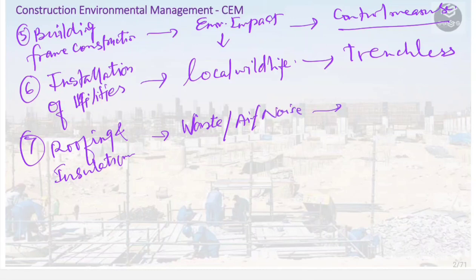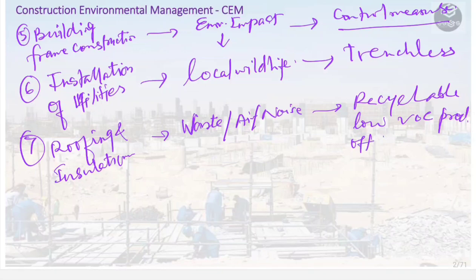And then what can be the controls? We need to prioritize recyclable materials, and use low VOC products, volatile organic compound, low VOC products. And we also need to schedule work during off-peak hours to minimize the noise impact.